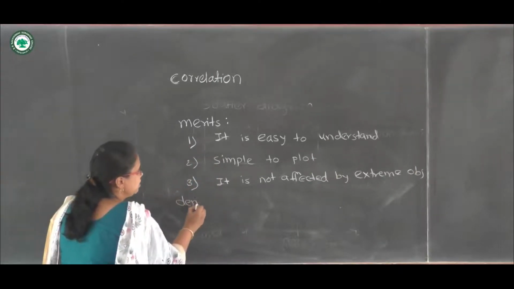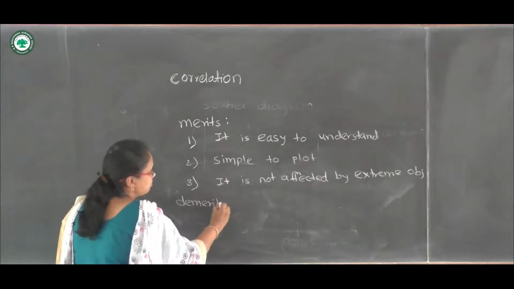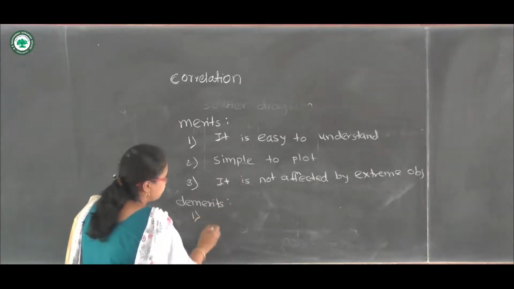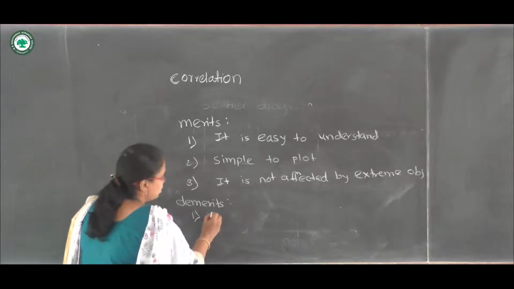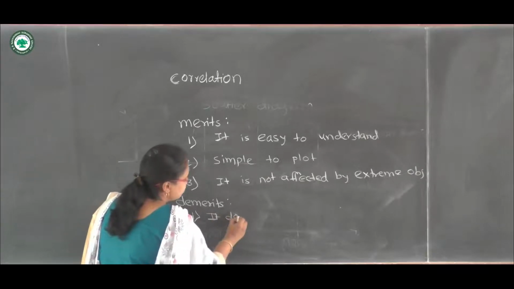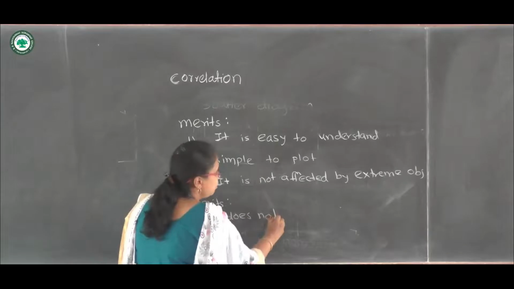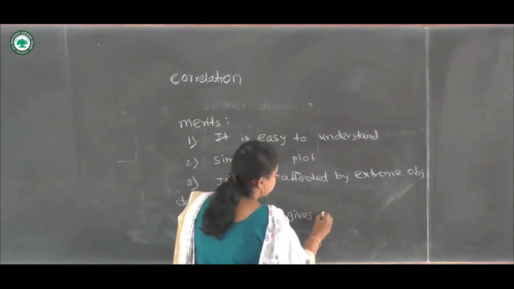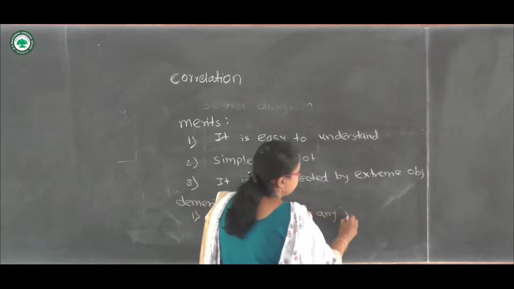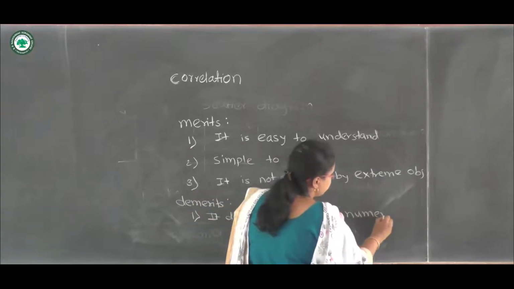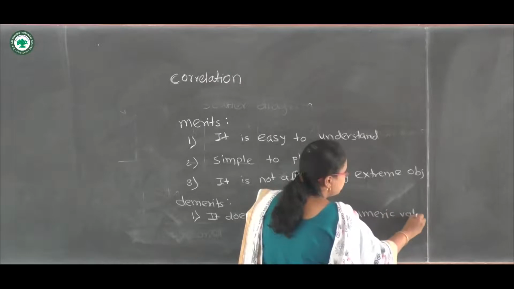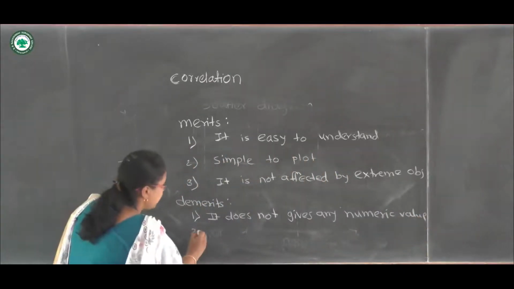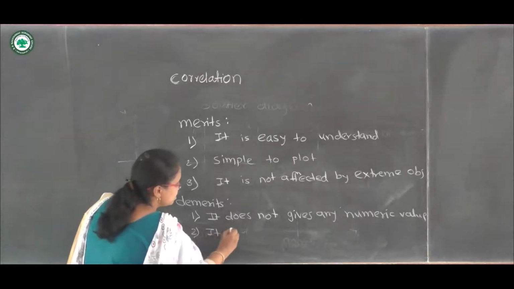Now let us see some demerits. First is, it does not give any numeric value which will show us the relation between x and y. Then next is, it is a subjective method.